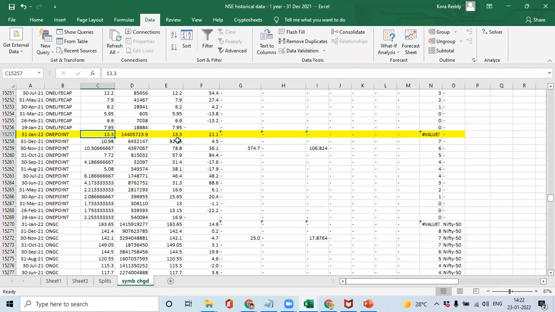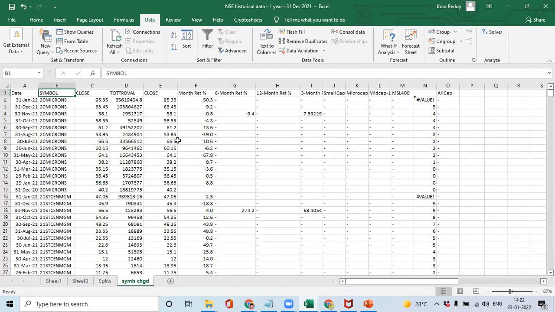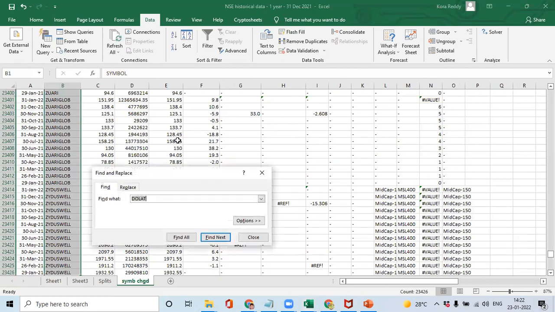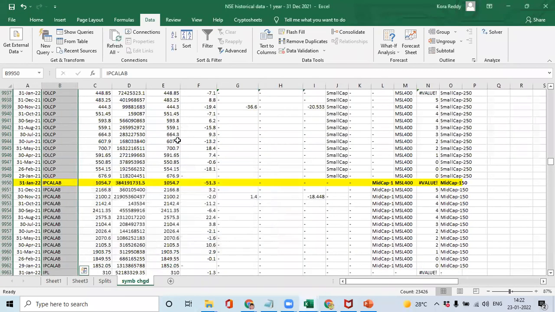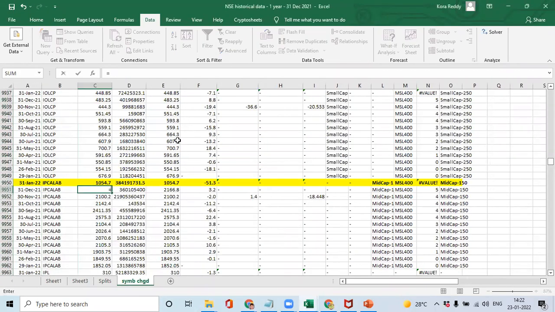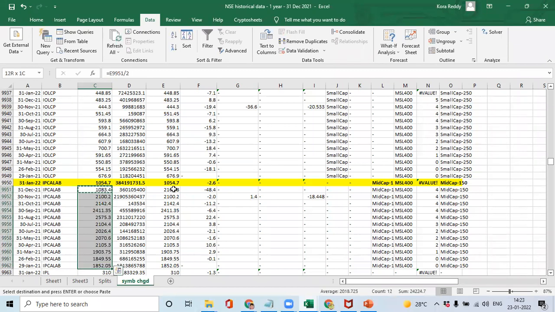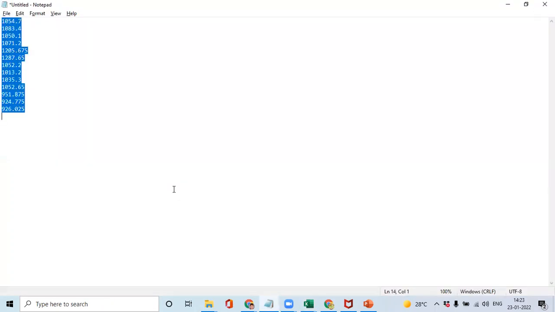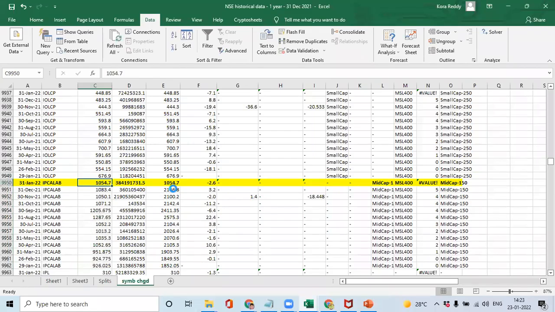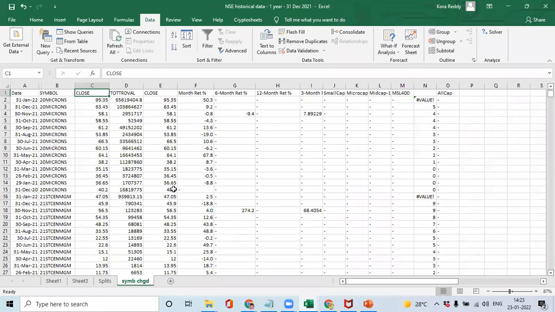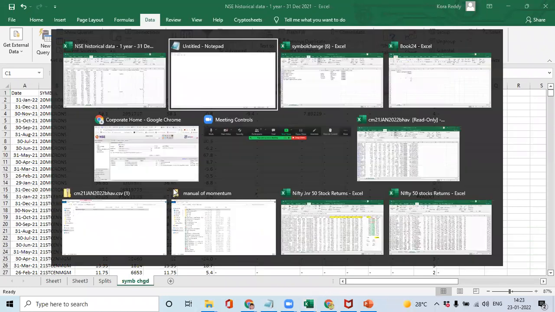Right. The next is, what is the other stock? IPCA. IPCA is half, a 1:2 split. So your IPCA adjustment is done. The next one is what? What is the other one? IMFA.